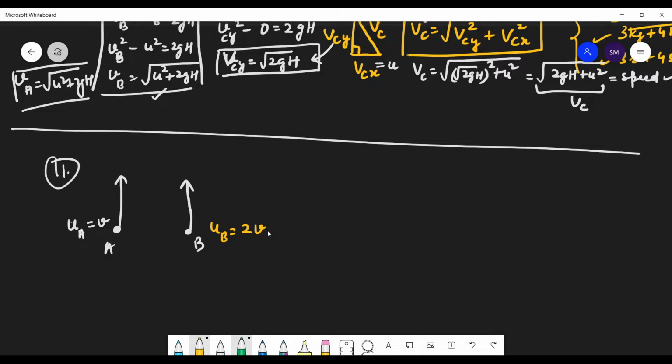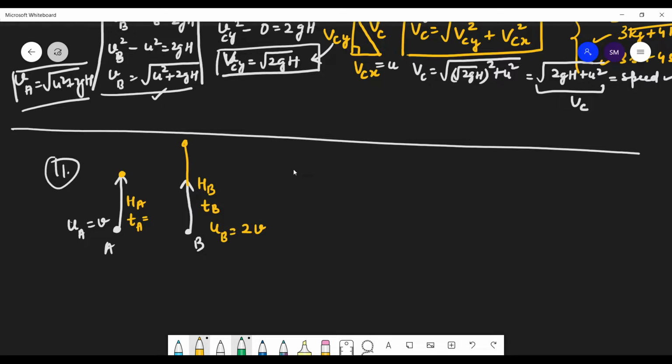We have to find, so it will reach height HA, and this ball will reach height HB, and the time taken to reach maximum height for A and the time taken by the ball B to reach the maximum height. So we have to tell their ratio.